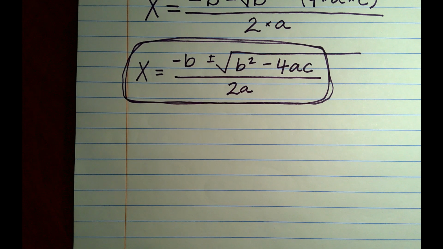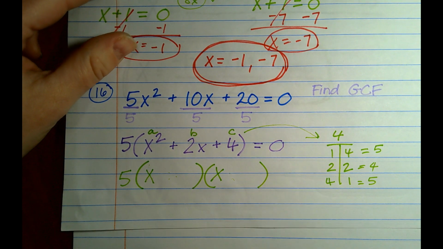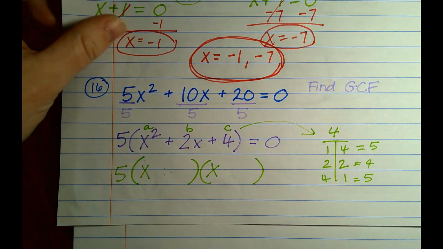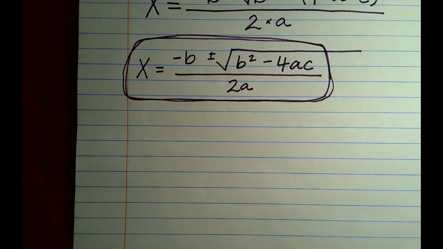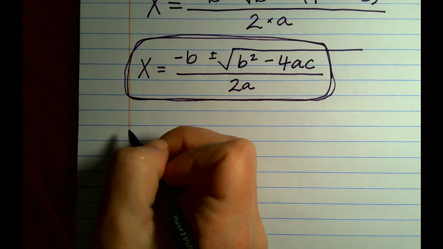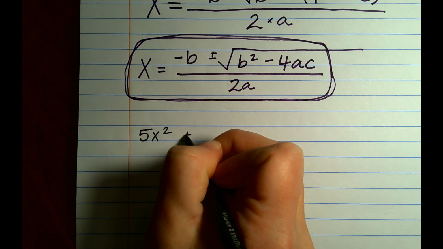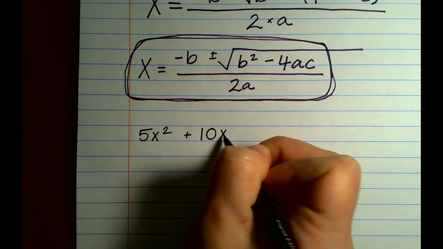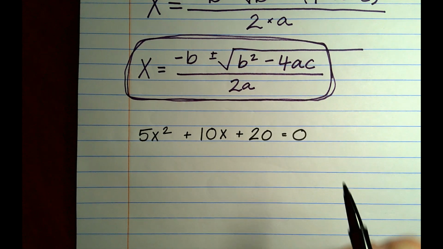Okay, let's look at that number 16. This is not factorable, so this is what we will do to solve it. I'm going to rewrite it over here on this page, and that is 5x squared plus 10x plus 20 equals 0.